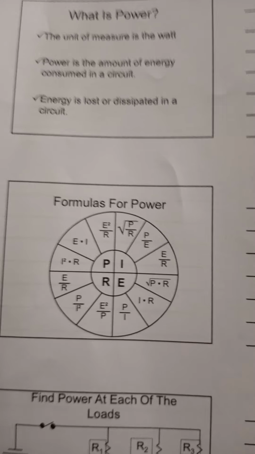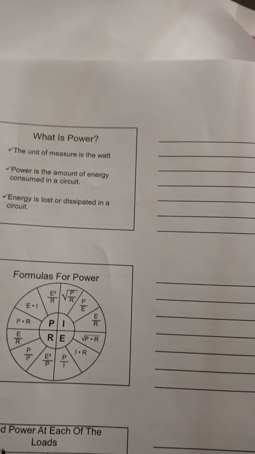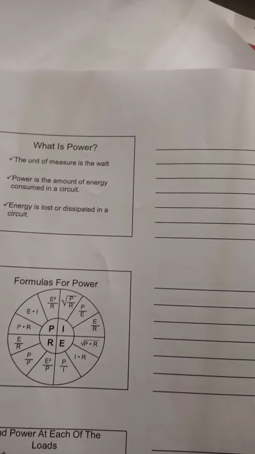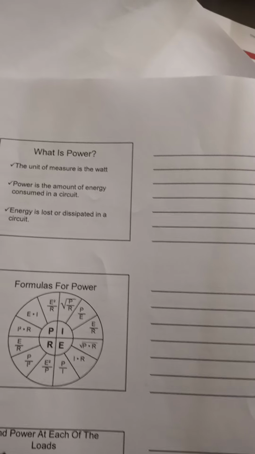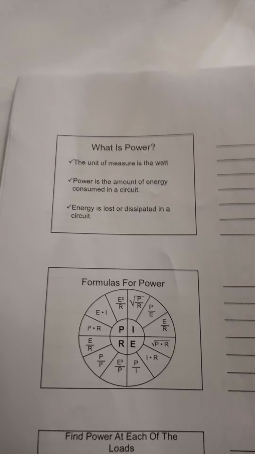And we're going back to our little wheel. I always use the formula E equals I times R, and then I use the mathematics to reshape that equation to get what I need.